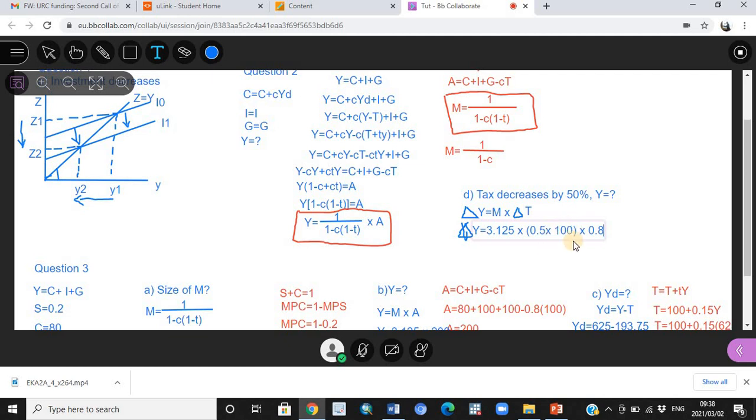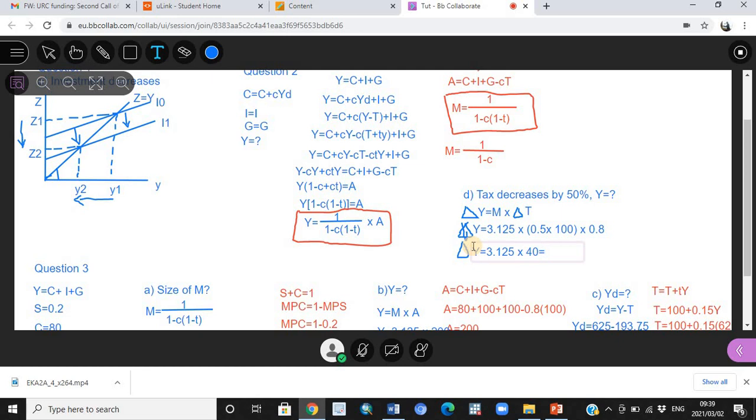So this is going to be 50 times 0.8, which is 40. Then the variation of y is going to be equal to 3.125 multiplying 40.